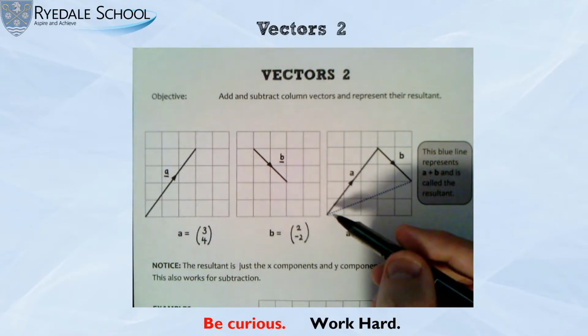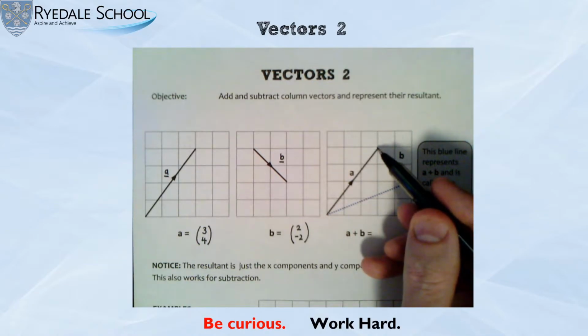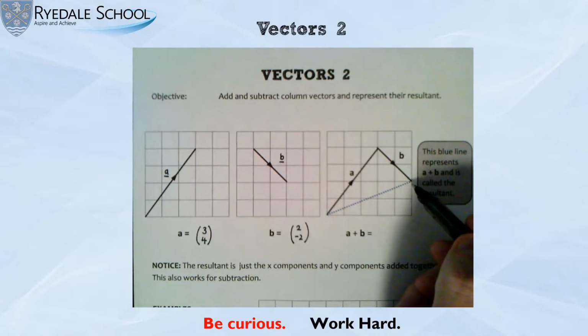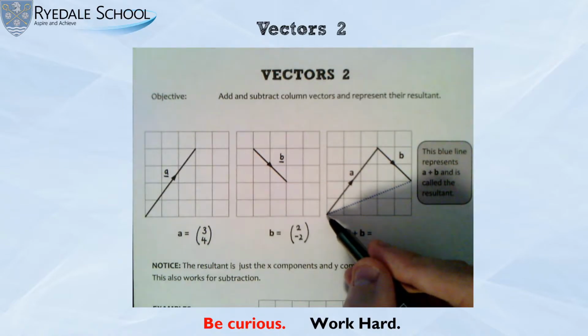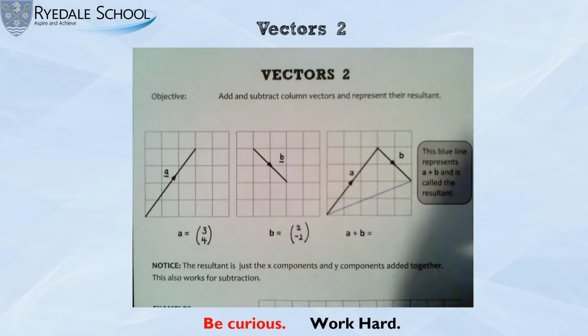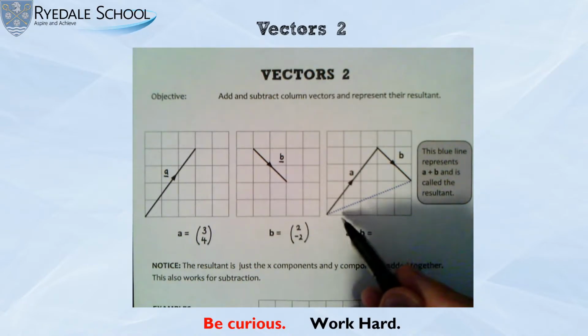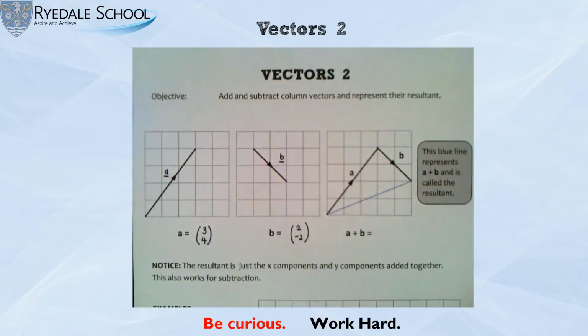So if I did A to B, I would start here, go along A, then go along B, and end up there. But overall, as a translation or as a vector, I have moved from this starting point to this finish point. Okay, and this is called the resultant of A plus B.